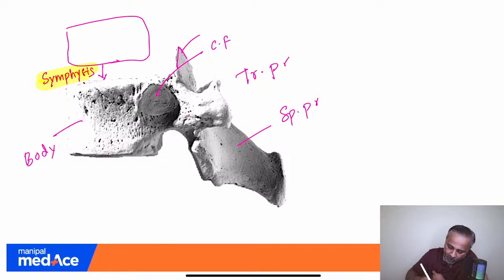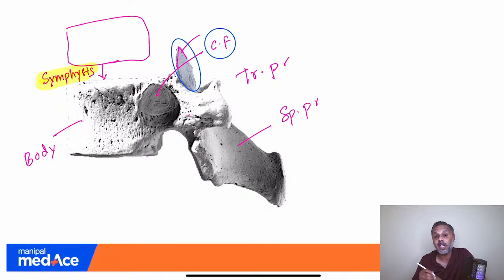Then the costal facets or the facets on the transverse process, and even the joints formed by the articular processes, the zygapophyseal joints, are all examples of plain synovial joints.